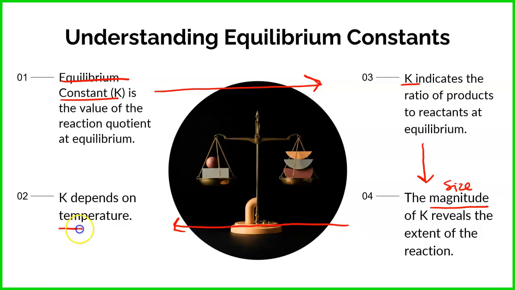This K really does depend on temperature. As we add heat, we know that our molecules and particles start to move faster. So for some of the reactions, forward or reverse, as we increase or decrease the temperature, that's going to increase or decrease the reaction rate.